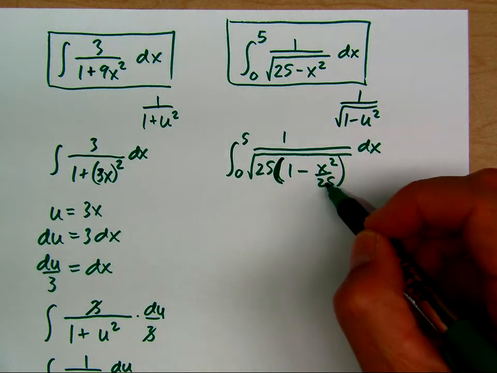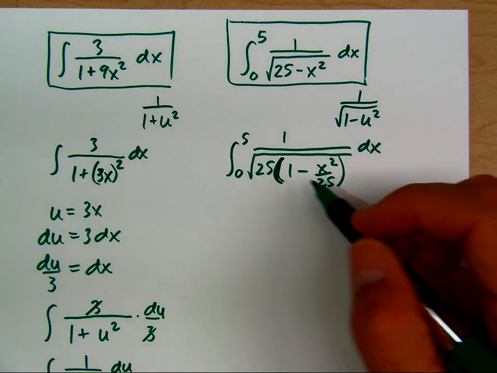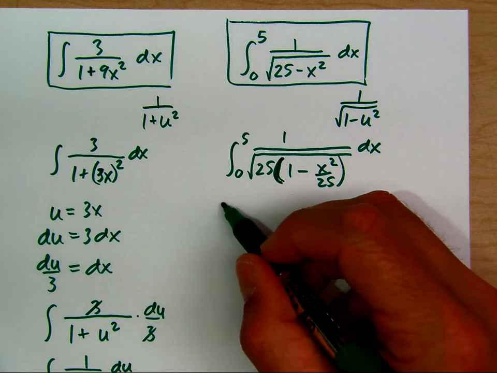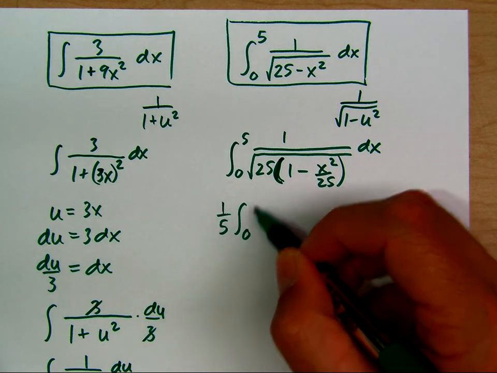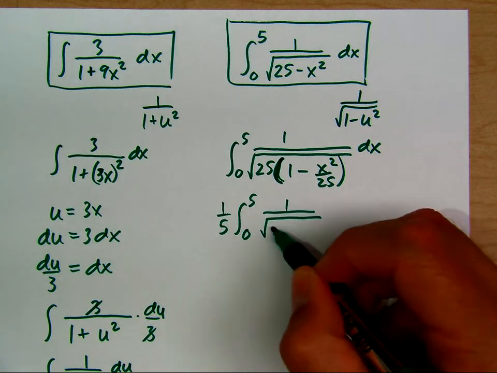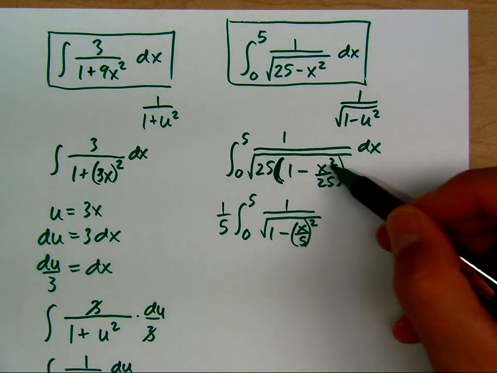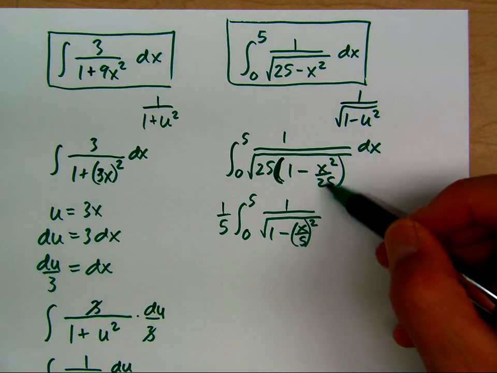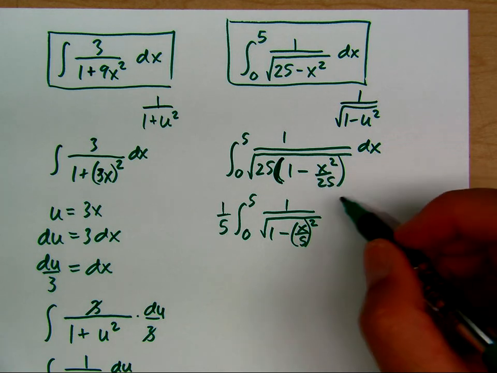Distribute 25 here, and you get x squared. So we know it's correct. And that can come out as a 1/5. We also need to write this as one expression squared. So (x over 5) squared is x squared over 25.